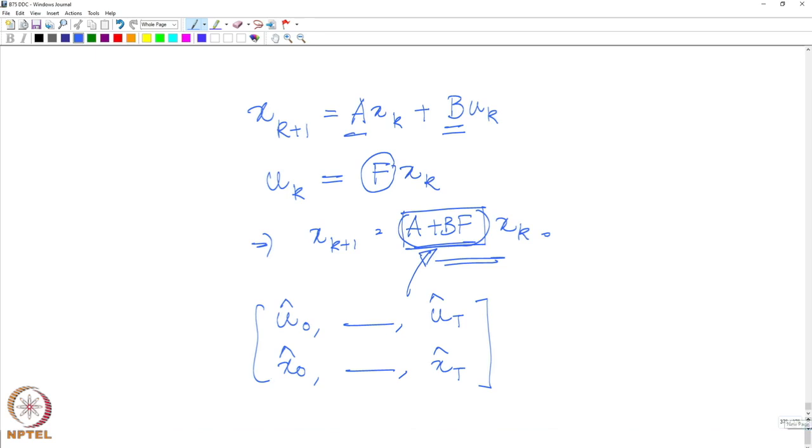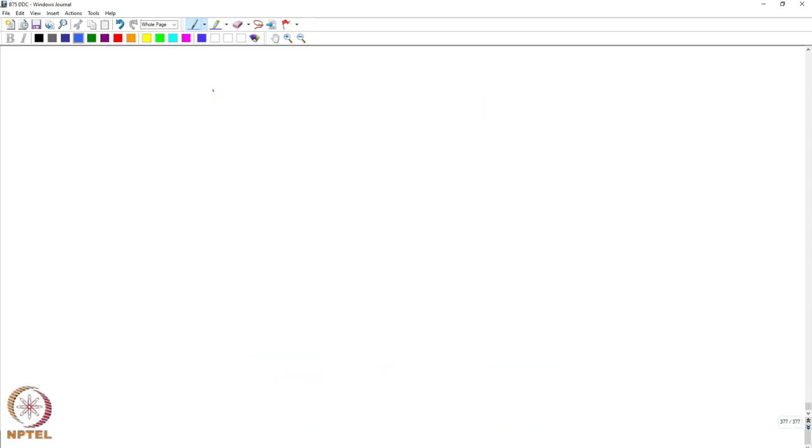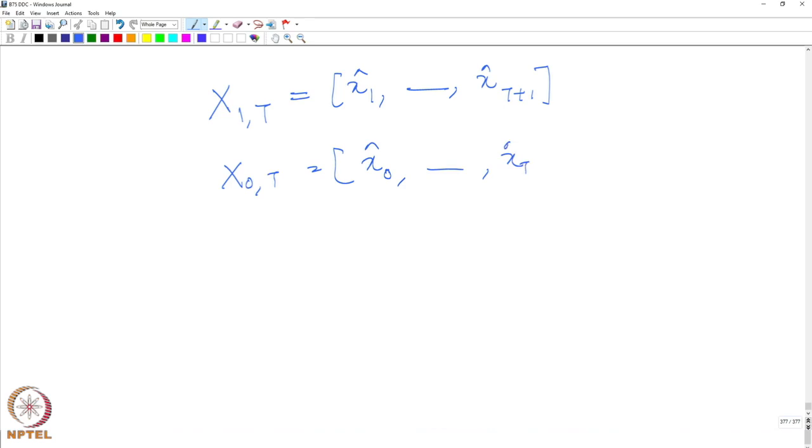From here we can actually construct these matrices. I am not being very precise about these numbers, because X_1T will require us to measure up to T plus 1, and X_0T is a particular trajectory x_t hat.